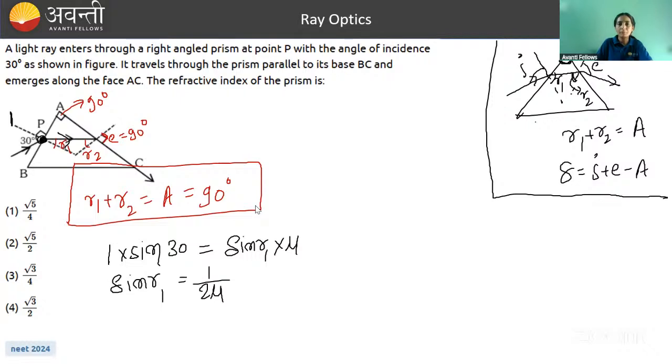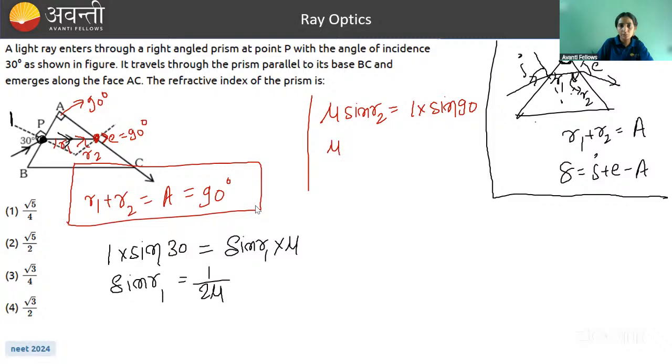Okay. Now if we apply the same Snell's law at surface 2, the angle of incidence is R2 and the incident light is in medium mu. So mu sine R2 is equal to, refraction is happening in air, so refractive index 1 into sine of the angle of refraction, 90 degrees.